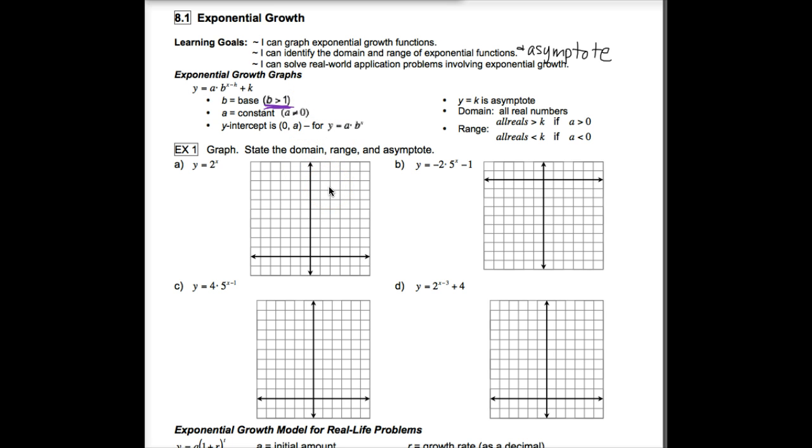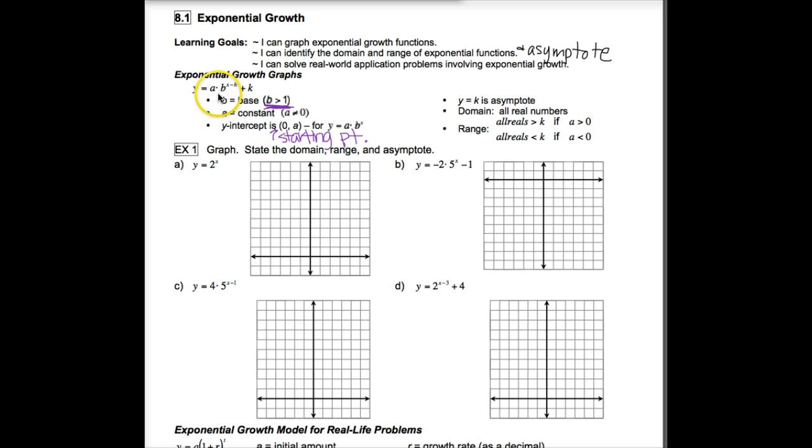Now, here is one of the most important things that people tend to forget about their parent graphs for exponential growth. Regardless of whether b is 2, 3, 4, whatever it is, your y-intercept, which we're going to call our starting point, this is where you are going to start your graph. The starting point is going to be the y-intercept. And until we start having shifts, that is going to be a y-intercept at (0, a).